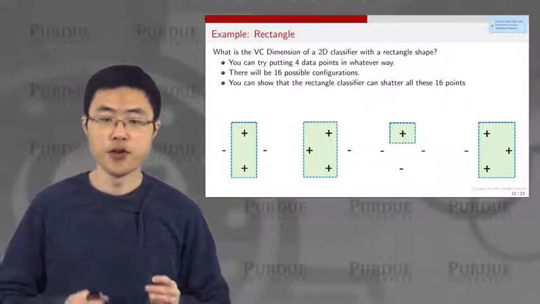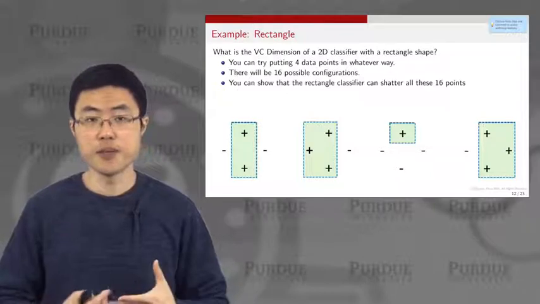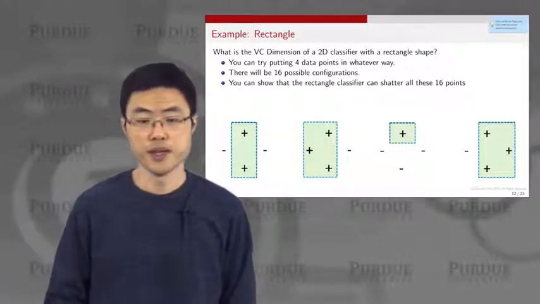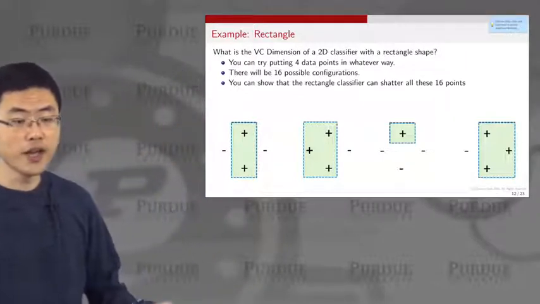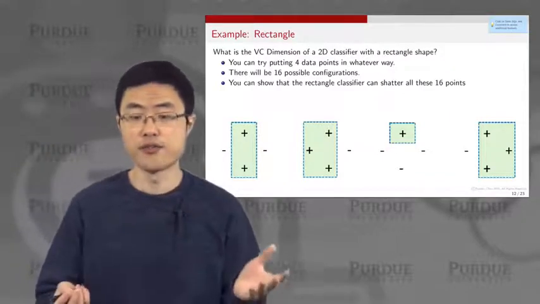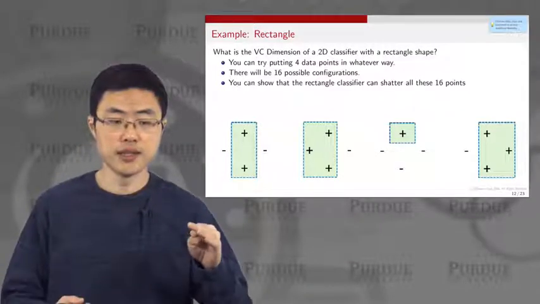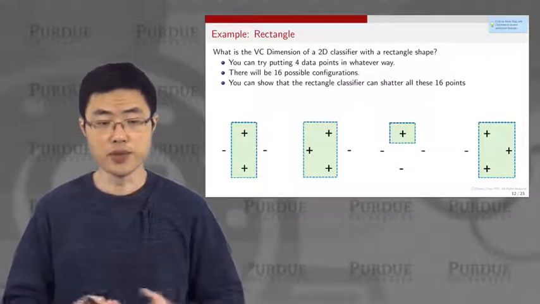So we ask, for all these 16 configurations, will the rectangular classifier be able to classify all of them? The answer is yes, indeed. Why? Because anything that you can classify using the linear classifier, the rectangular classifier can, of course, also do. Now, how about the cases that your linear classifier is not able to handle?